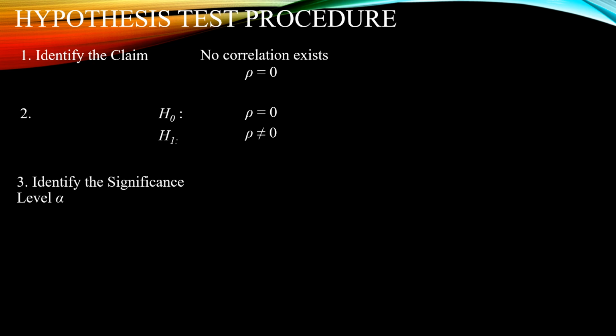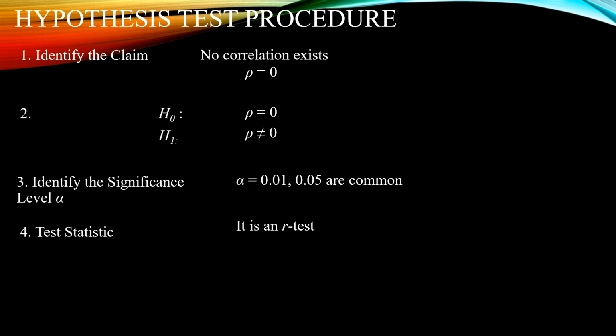You identify the significance level alpha. That is normal procedure. Usually you're told that in the question. The two most common are 1% and 5% significance levels for this linear correlation test. The test statistic, remember, is that R value, so it's an R test, so you'll have to calculate that number.